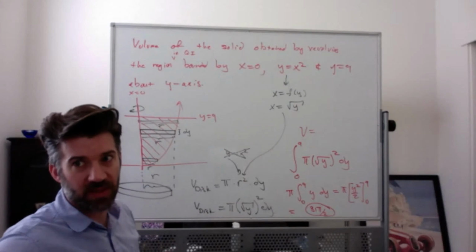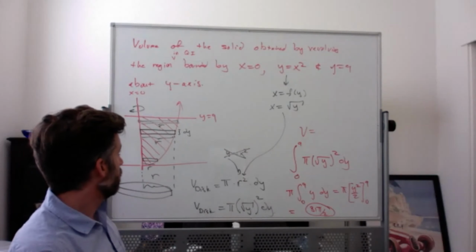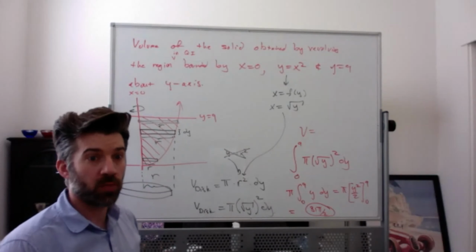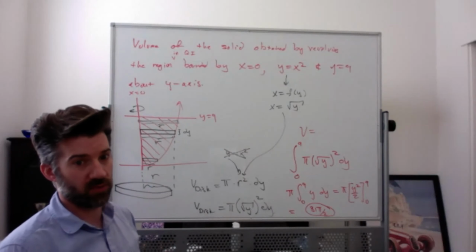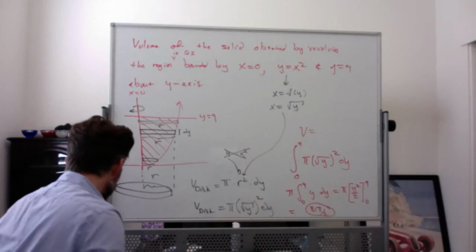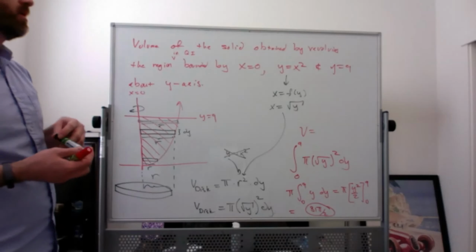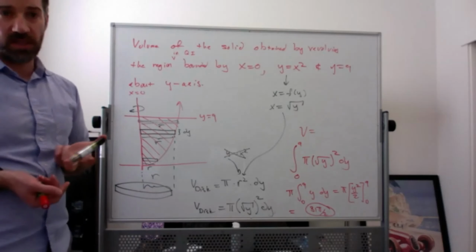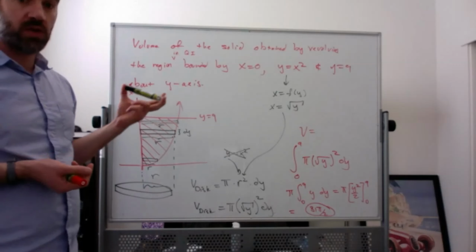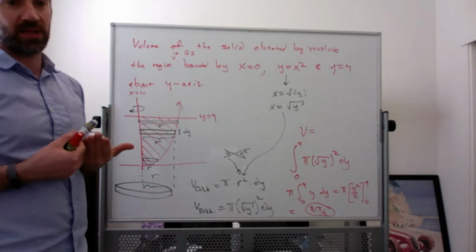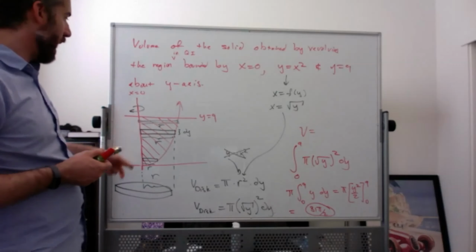Again, I'm really big on this idea of drawing a strip that is perpendicular to your axis of rotation. So these are disk methods, and I would say, you're always using the disk method if your region is flush with your axis of rotation, meaning there's no gap.